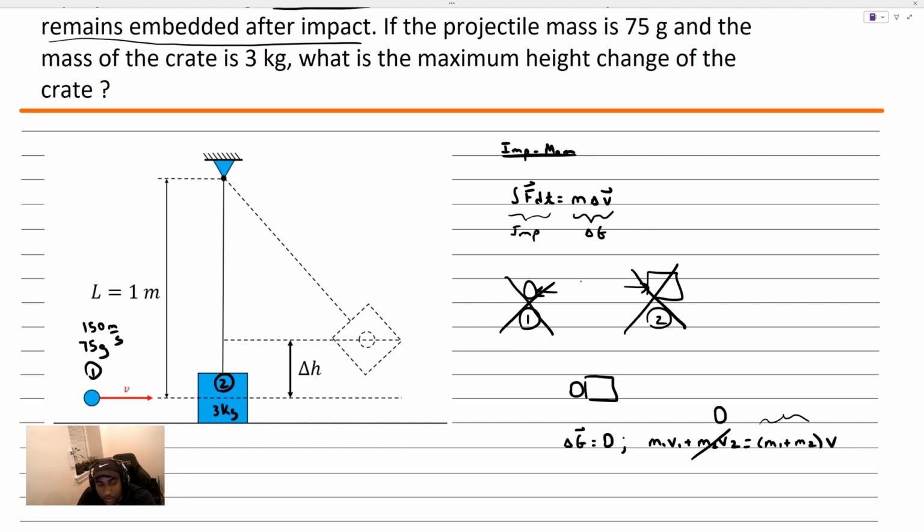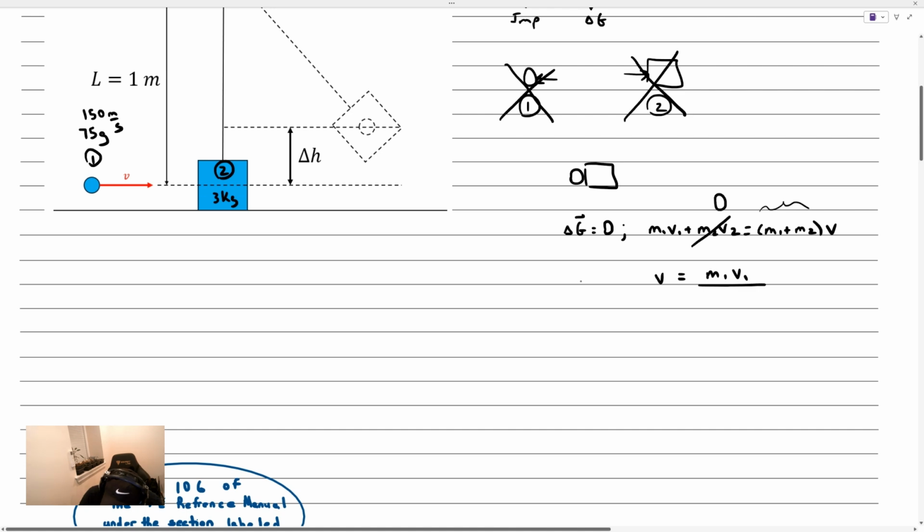It's only after the impact occurs that the crate is going to have some speed. So the speed after impact is equal to mass 1 times the speed of the ball, divided by the total mass. This is going to be important for us.